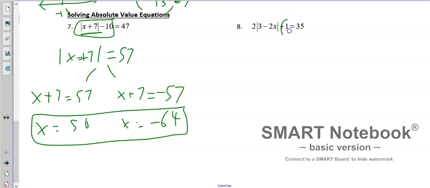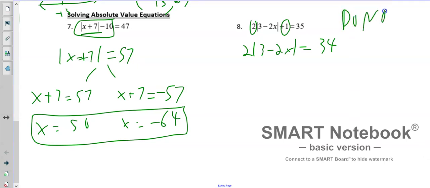We got to get rid of the 1 and the 2. So first off, we subtract the 1. So that leaves a 2, 3 minus 2x in absolute value bars equals 34. Do not distribute.